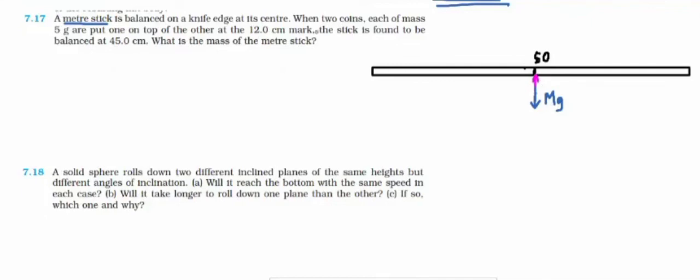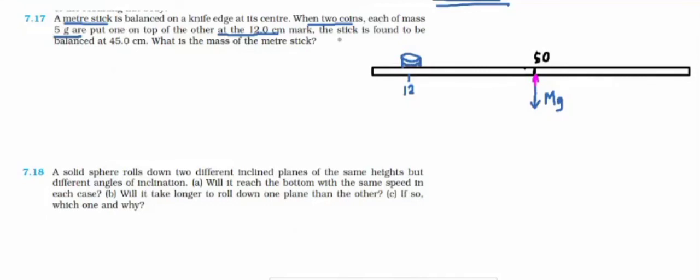Now two coins, each of mass 5 gram, are put one on top of the other at the 12 centimeter mark. There, two coins are placed, the mass of each coin is 5 gram.